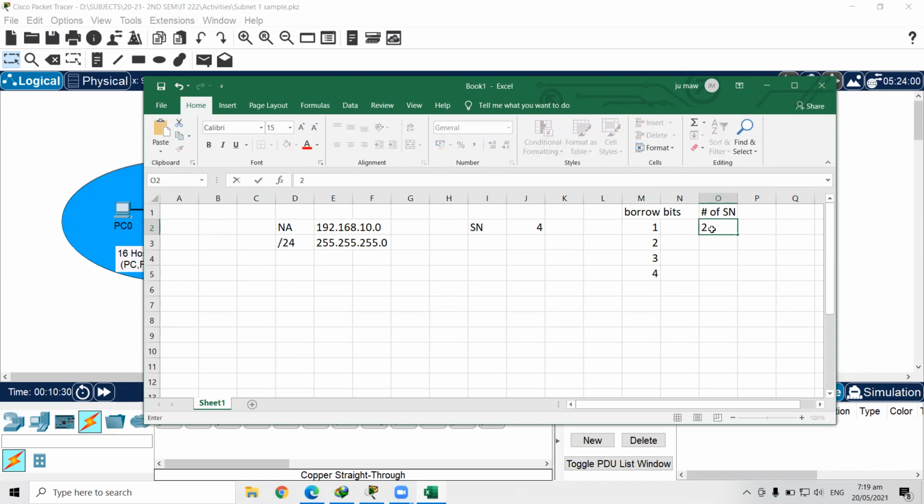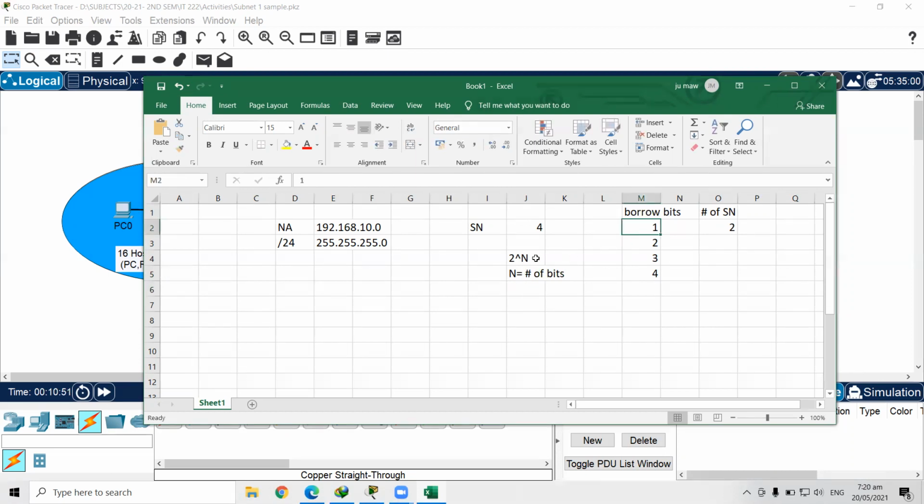Dalawang subnet. So the formula is 2 raised to the power of n, where n is equal to number of bits.